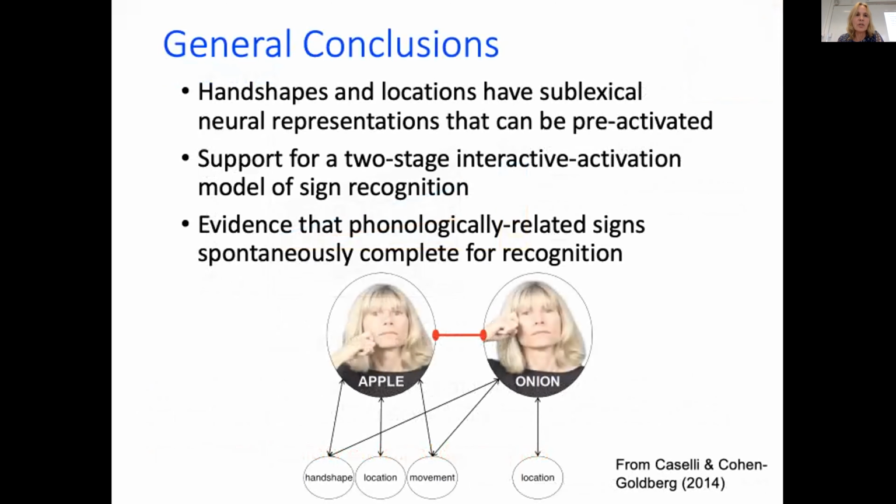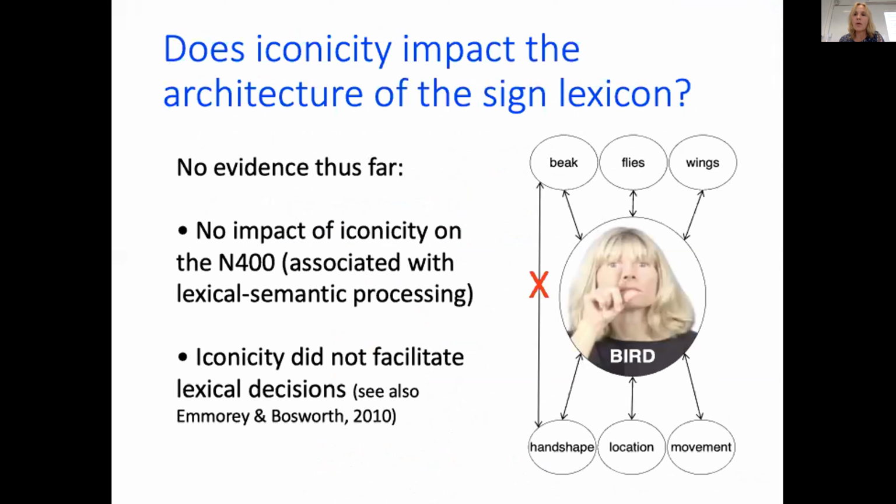So the general conclusions from this work: one, we see that handshapes and locations have sublexical neural representations that can be pre-activated. It's support for this two-stage interactive activation model for sign recognition. And we find evidence that phonologically related signs spontaneously compete for recognition. And then the very last question, which I've kind of already answered, is does iconicity impact the architecture of the sign lexicon?